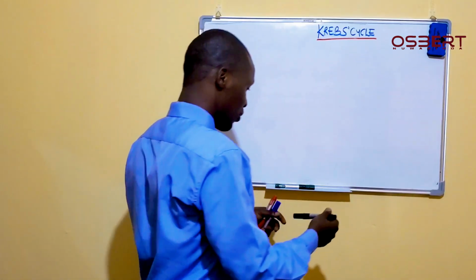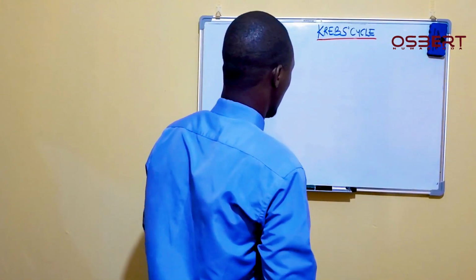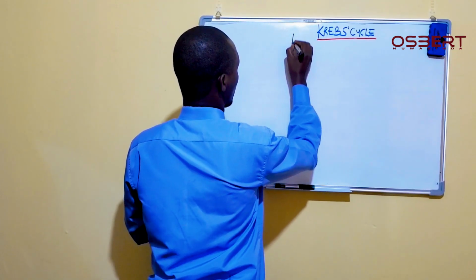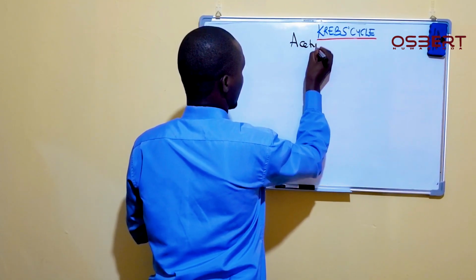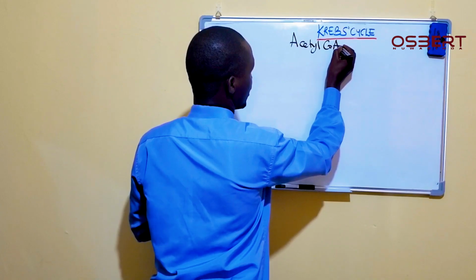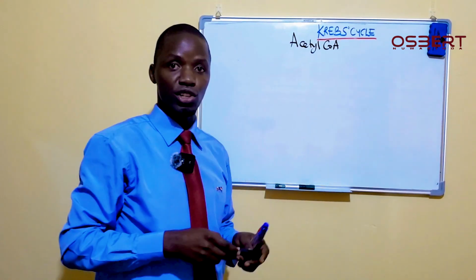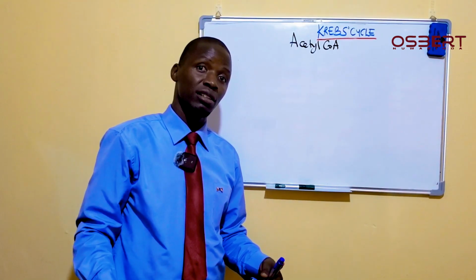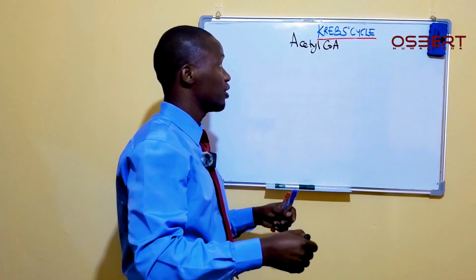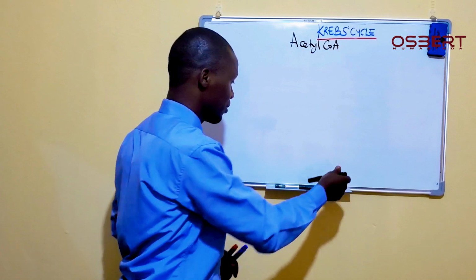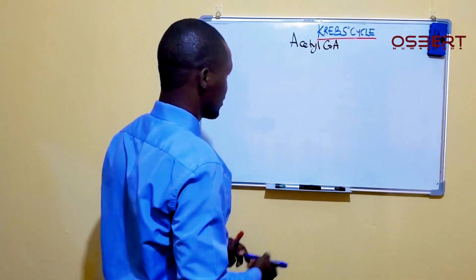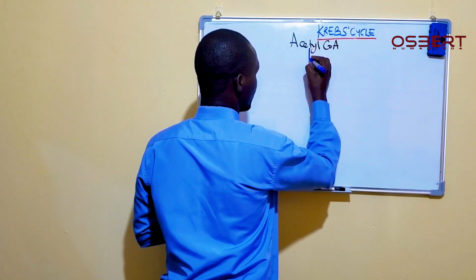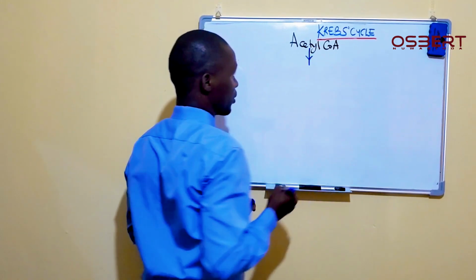Now we are going to begin with this Krebs cycle with our acetyl coenzyme A, which we have got from the link reaction. Remember, the link reaction also occurs in the matrix of the mitochondria. But the real cycle takes up the acetyl coenzyme A, which will come and join into the Krebs cycle.